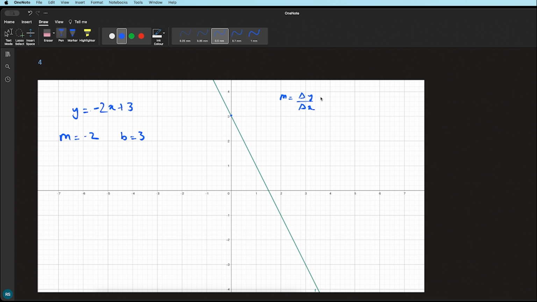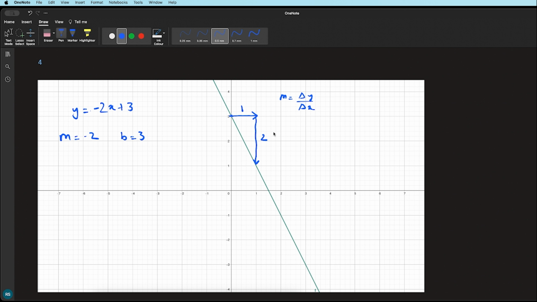So change in y and change in x. If I see here, I am just passing through this point. This is my run. This is my change in x by unit 1, and this is my change in y in the downward direction by 2 units.